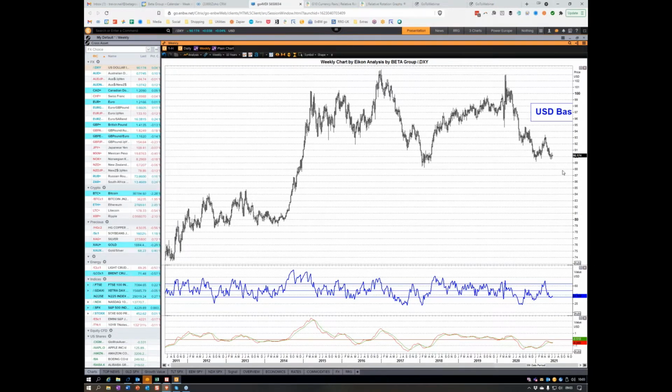I know today the euro's a little bit weaker and gold's a little bit weaker and the dollar's reflecting that. But look at the context of this and the absolute incredible importance of it. If we break through this, I call it 89, it's really more like 88 and a half, then there's nothing, because this surge here that we had in 2014 was very fast indeed, but there's nothing until we get down to about the 83 level here.